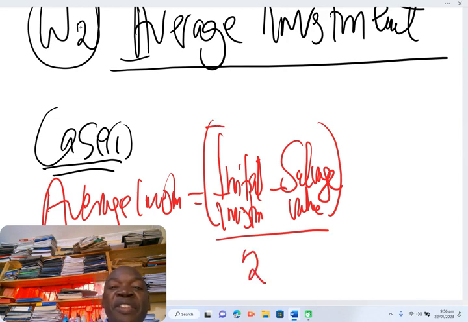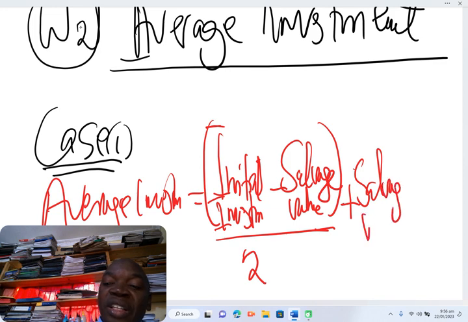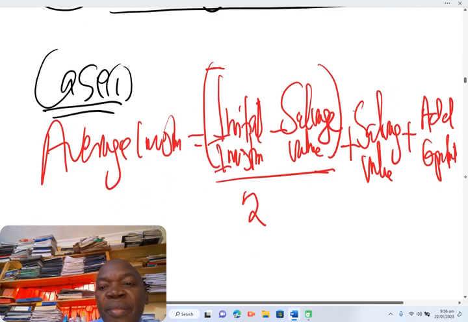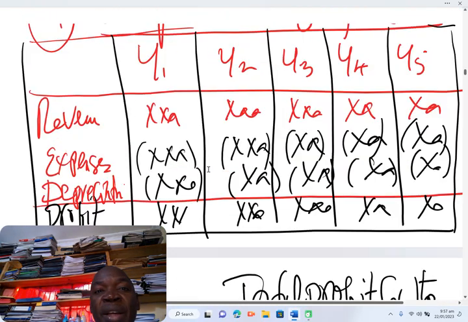I repeat, average investment is taken as initial investment minus salvage value over 2 plus salvage value plus additional working capital. This is a general formula if you have been given those instructions.